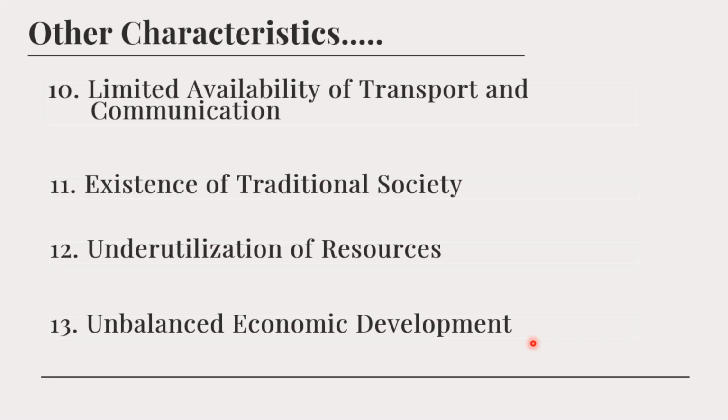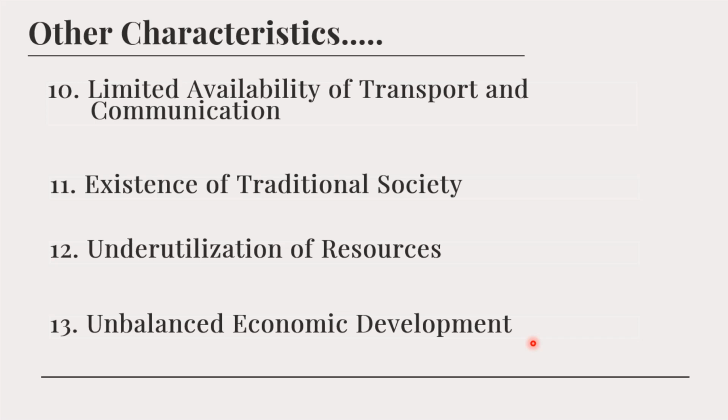So therefore, most of the people from Uttar Pradesh and Bihar migrate for the sake of employment all over India. They migrate from their home state because of the unbalanced economic development.